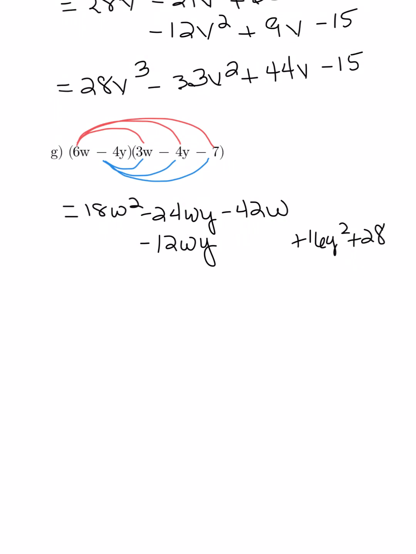We only have one set of like terms. So 18w squared stays as it is. Our like terms, negative 24wy minus 12wy will be negative 36wy minus 42w plus 16y squared plus 28.